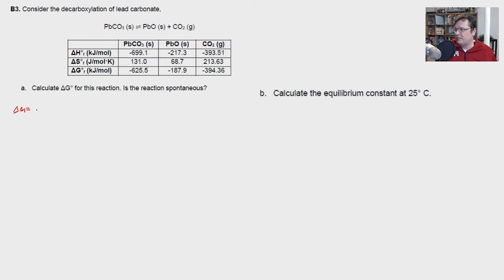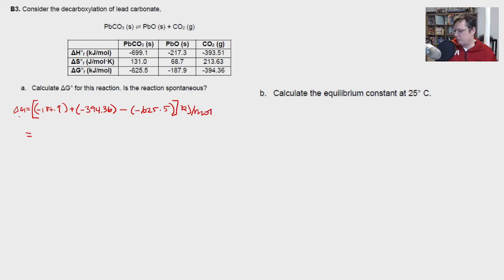The lead oxide is negative 187.9, plus negative 394.36, and then we subtract out the reactants, negative 625.5. All of these have units of kilojoules per mole.